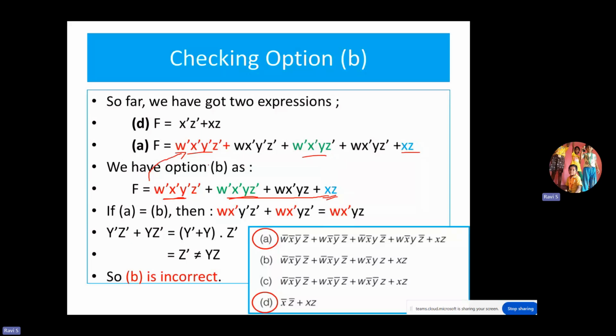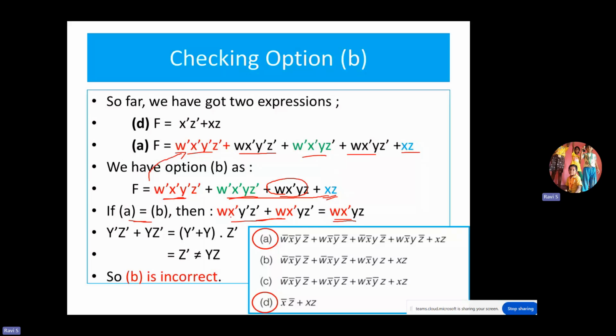If A and B are equivalent, we can say that option B also will become correct. So to verify that, the unmatched terms in option A, I have taken to the left hand side. Similarly, the unmatched terms in option B, I have put on the right side. So if these two terms are equivalent to this one, then we can say that option A will be equivalent to B.